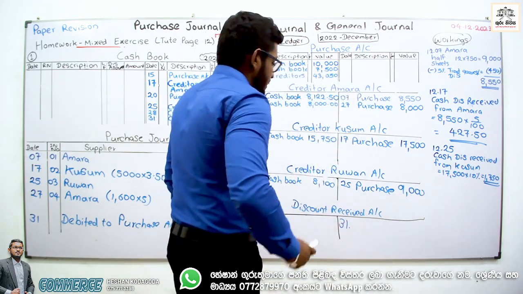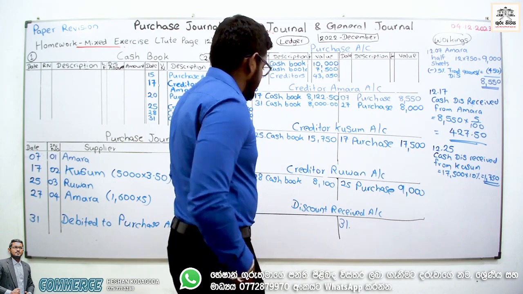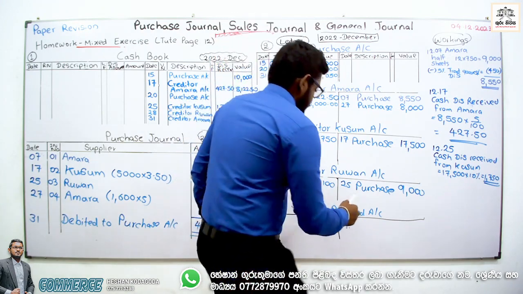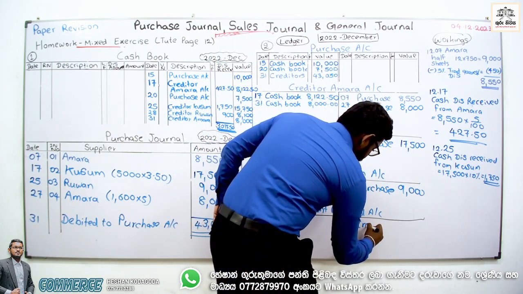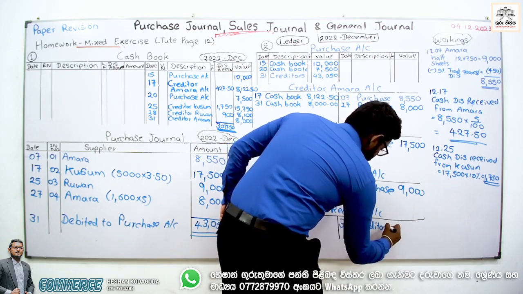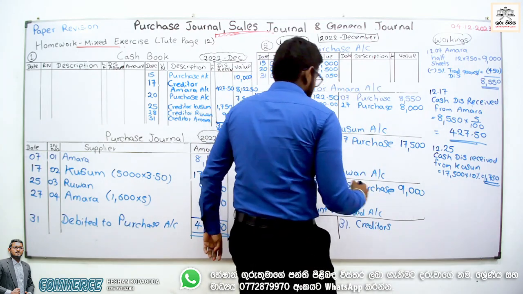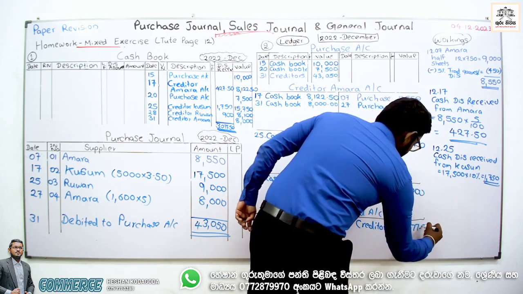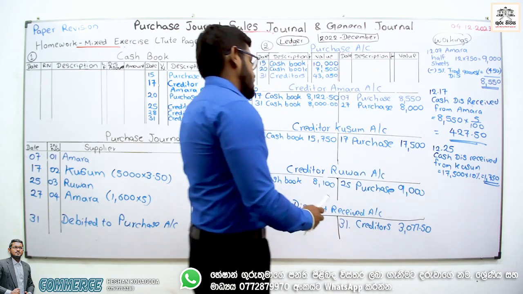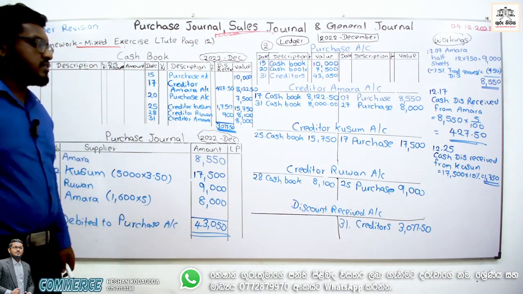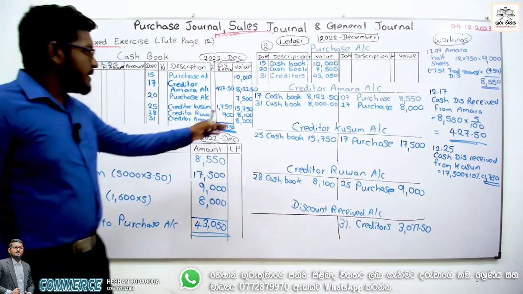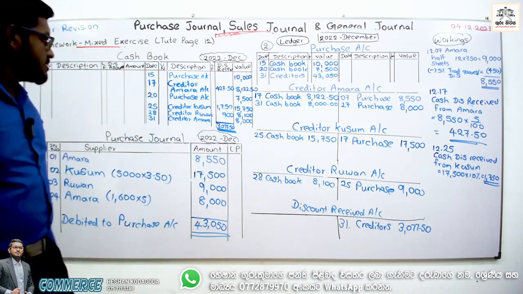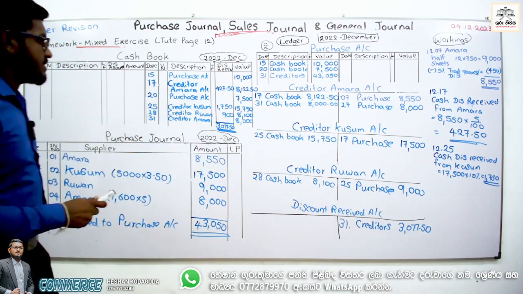You can write creditors, 3,077 and 50 cents. You need to debit to the relevant creditor using the given date.